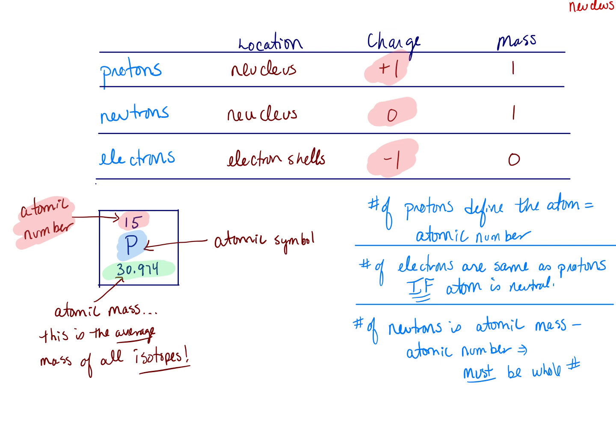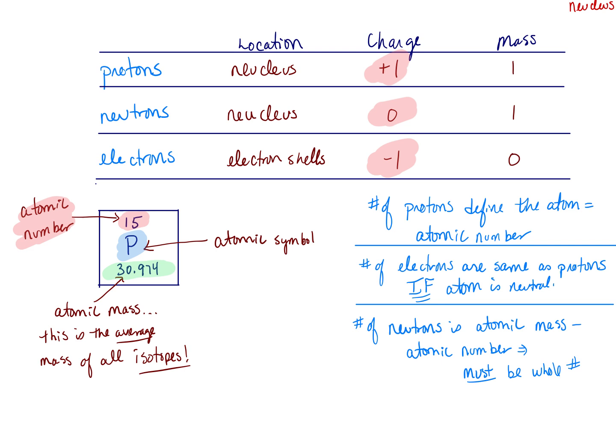But in a given atom, one atom, you can only have a whole number of neutrons. They can't come in like 0.34. A lot of times we need to round up, round down, or look at what we're given in a particular situation to determine what our neutron count is for that particular atom, okay?